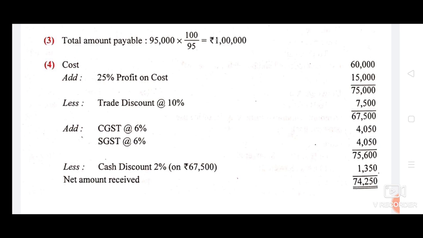This is the concept. Okay, so 95,000 divided by 95 into 100, this will be the calculation. So the amount will be 1 lakh. It means instead of 1 lakh we have paid to Gauri Shankar rupees 95,000. So he has given 5% of 1 lakh, that is 5,000 rupees discount to us. Understood?